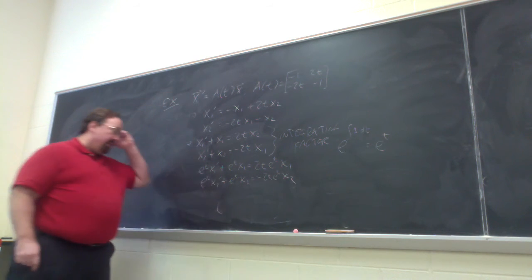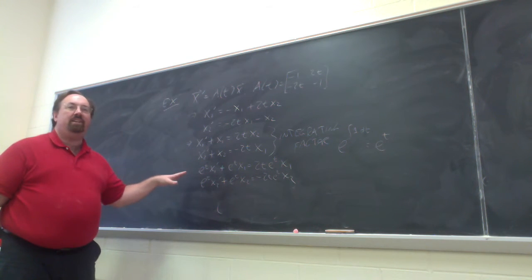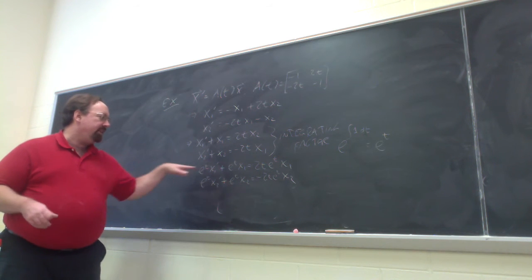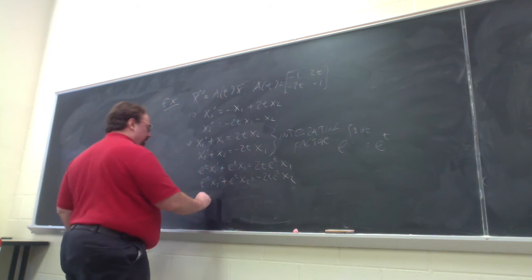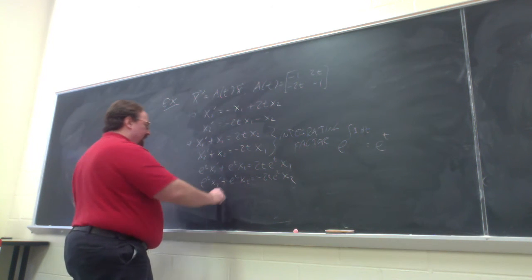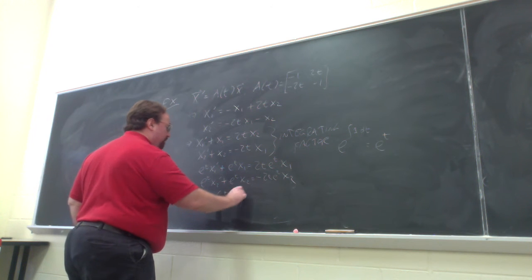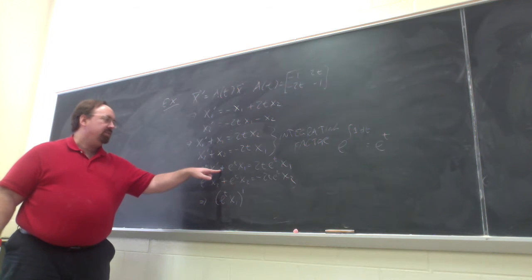Okay. Now, the purpose of the integrating factor is to condense the left side into a differentiation of a product, because what we have here is the output of a product rule. So this left side condenses to e to the t x1, the whole thing prime. Because if you differentiate this using a product rule, you'll get exactly this.